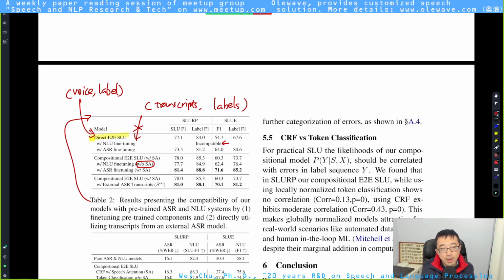But I do not quite understand how they can play with the ASR fine-tuning. This is a little bit strange to me. But I think the focus is on the compositional end-to-end SLU. So when they're saying that they can, with the NLU fine-tuning, that means they can use the transcripts and labels they got from the NLU task.